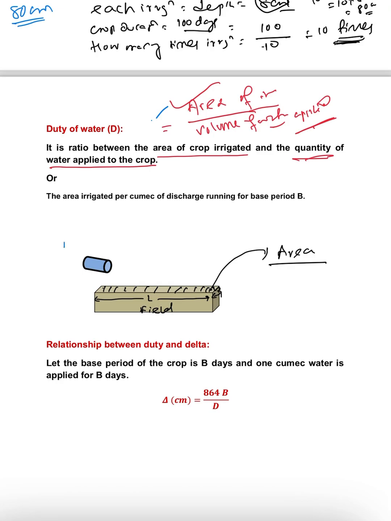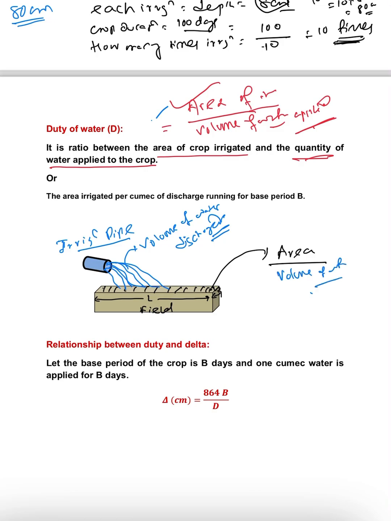Suppose the water comes through this irrigation pipe and irrigates the land. So we will calculate the volume of water discharged to irrigate this land. So now duty will be the area divided by the quantity or volume of water.